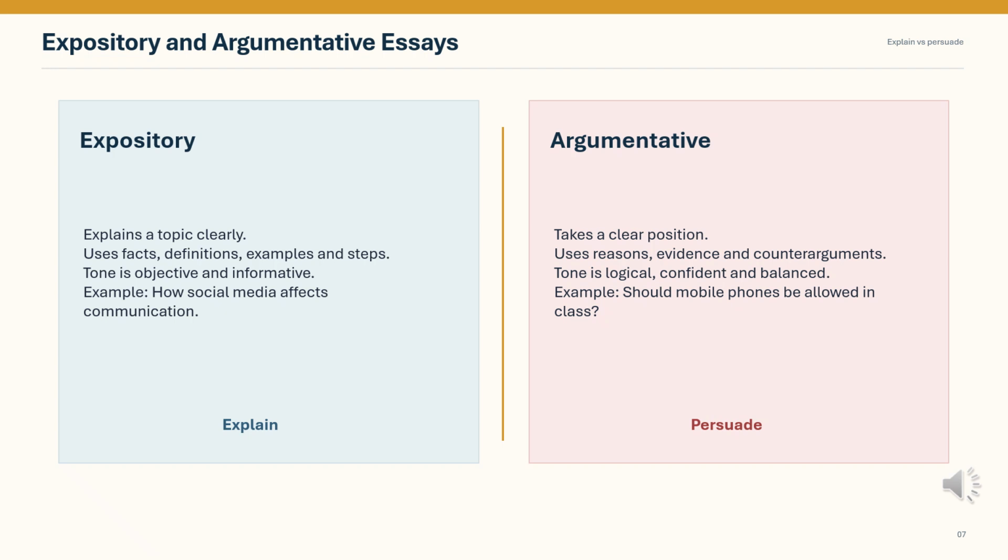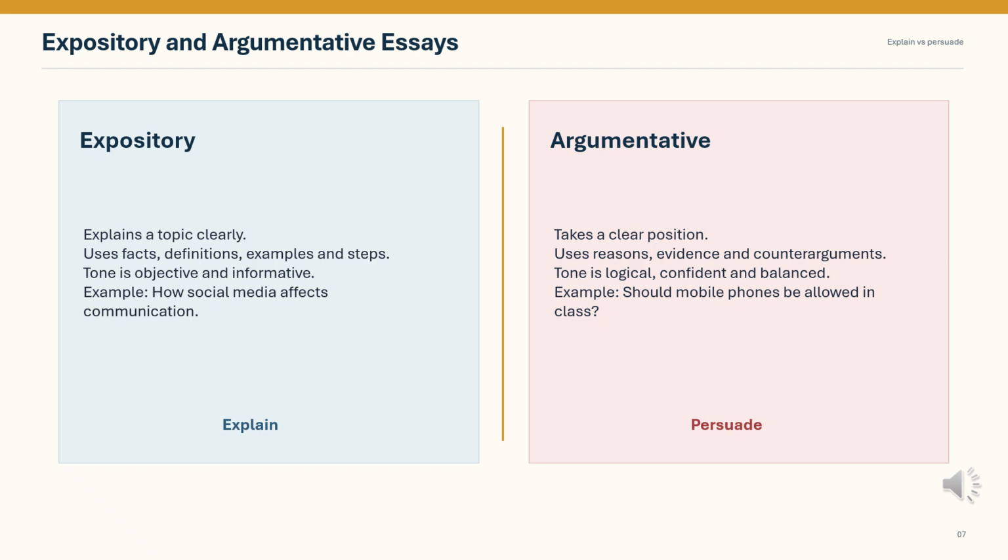Whereas, coming to the argumentative essay, it takes a clear position. It tries to persuade a reader. When I'm reading the essay, I'll be persuaded towards believing in your logic, believing in the evidence and the reasons that you have given, believing in the examples that you have used. For example, should mobile phones be allowed in class?